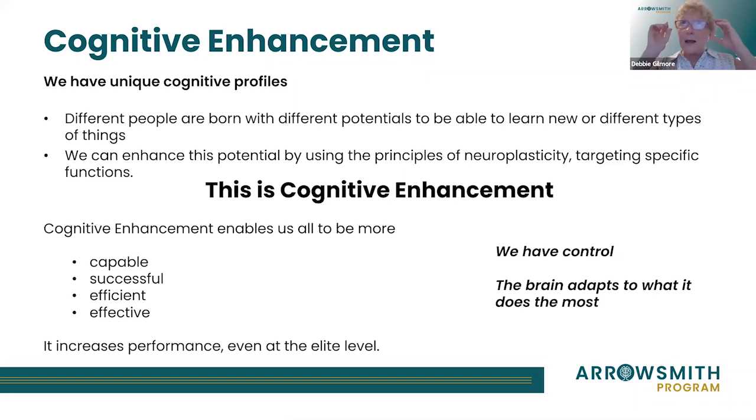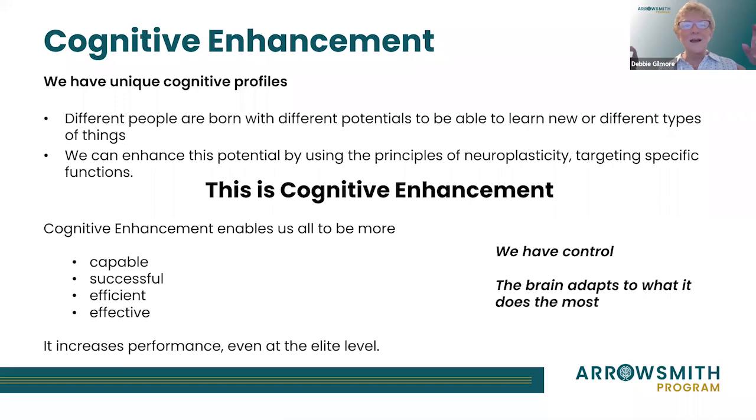But knowing that neuroplasticity is possible, we don't have to sit there and say, oh, this is how my life is. This is how it's going to be. Because actually, that's that old thinking when we thought the brain was rigid and fixed. Neuroplasticity is so much more hopeful than that.